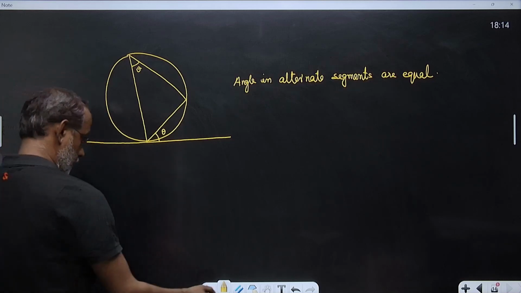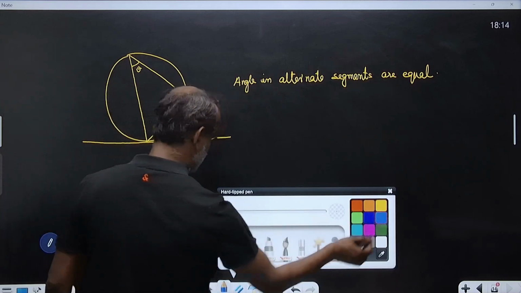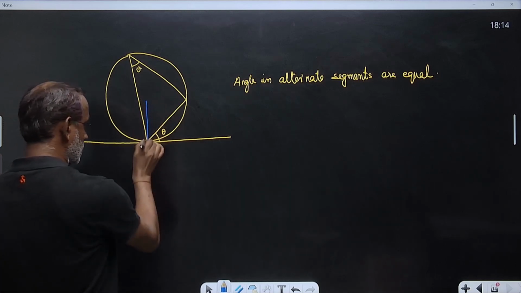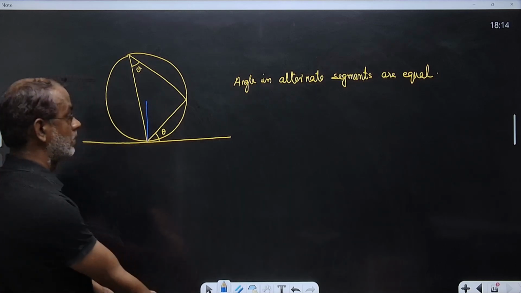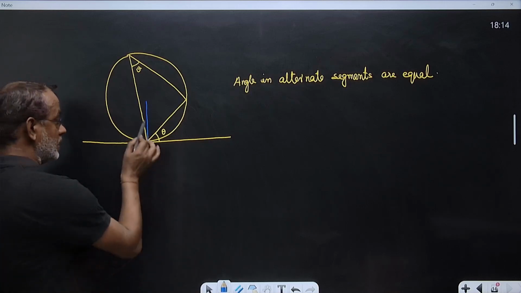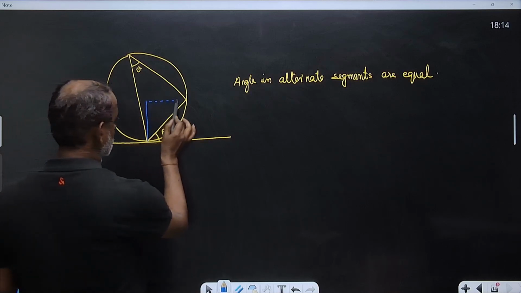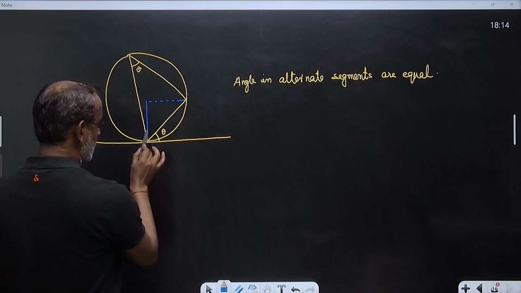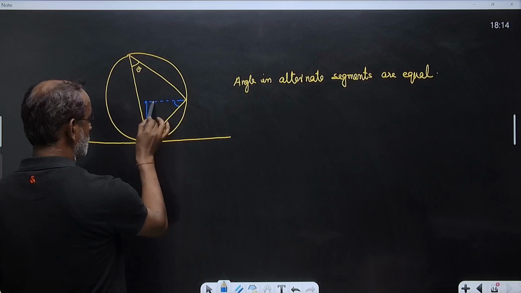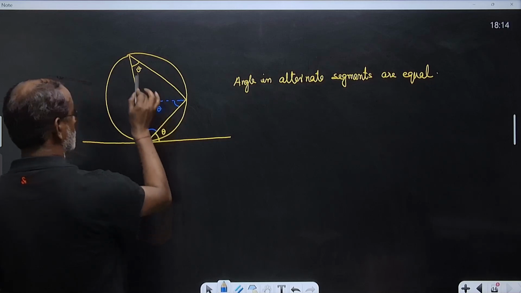See, if you wish to establish it, how do we establish it? You can see this is 90 minus theta, this is 90 minus theta, so this is 2 theta, so this will be theta.